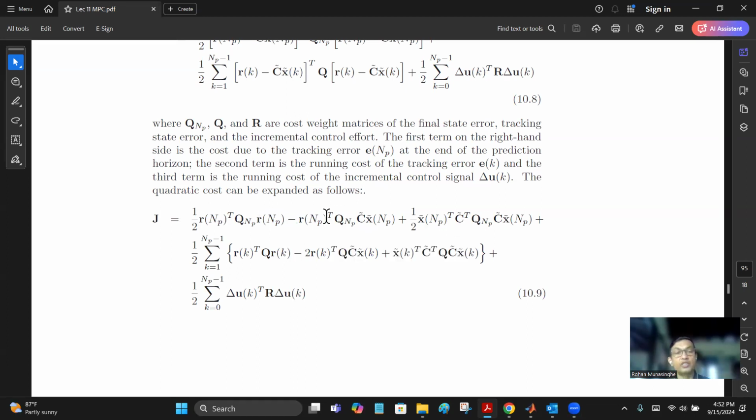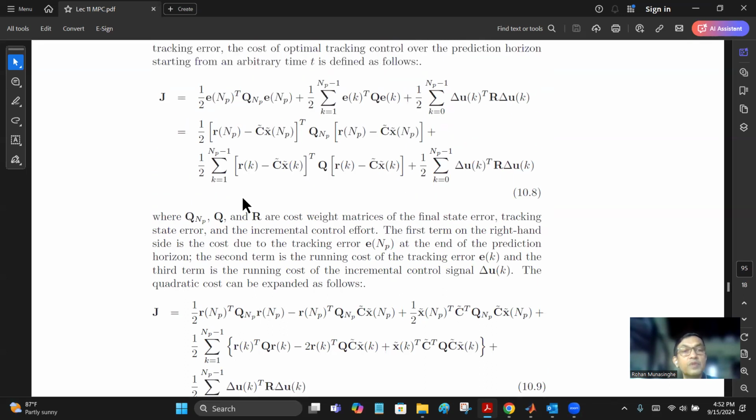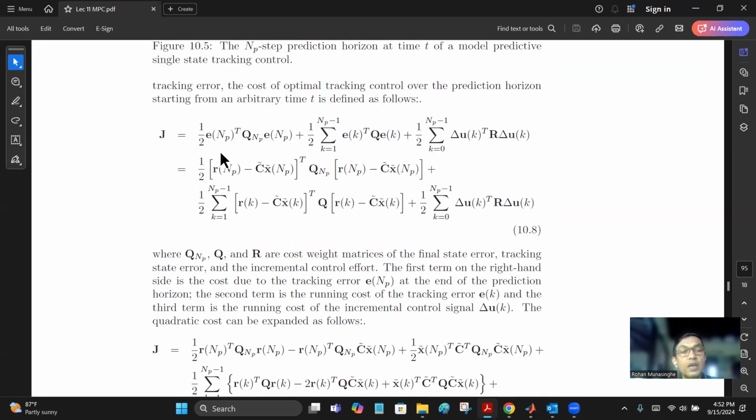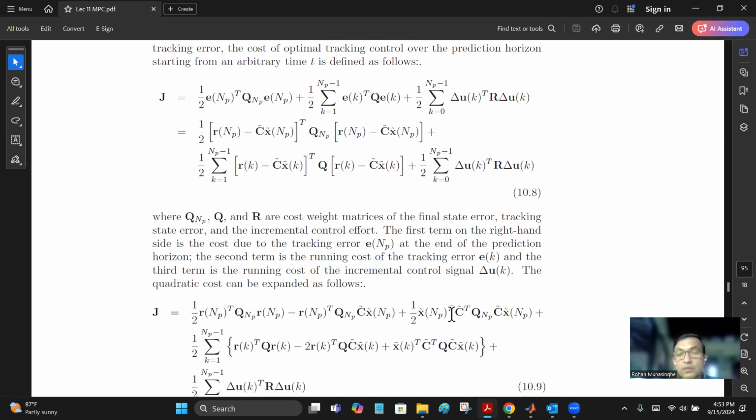It's just the expansion of the first term. When you expand, you get to this equation, only the first one. You have three terms: first, second, and third. The first and last terms are with half, whereas the second term is without half, because it is two identical terms together, so two halves means one.